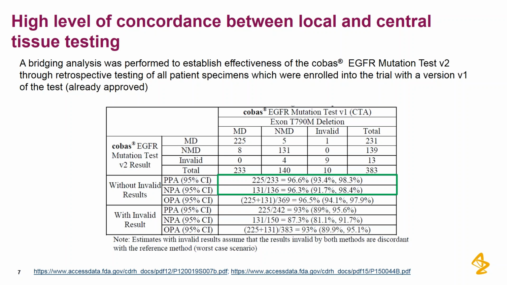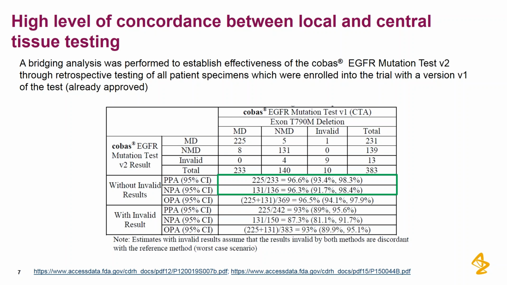We conducted a bridging analysis to establish the effectiveness of the version 2 test through retrospective testing of patients who had been enrolled into the study and provided a sample which was tested under version 1. Here we can see that we've calculated the PPA and the NPA as defined on the previous slide.